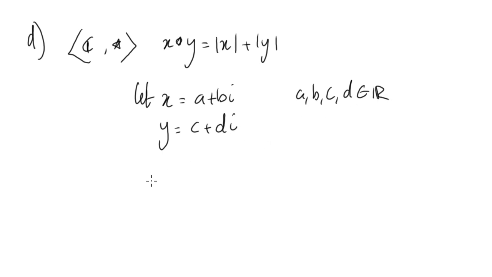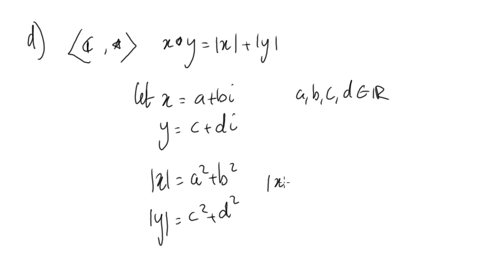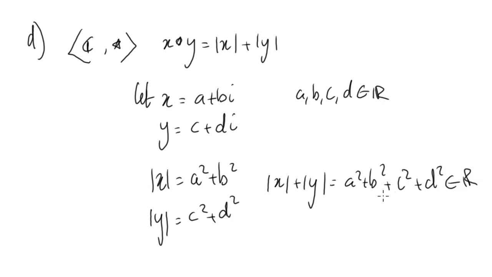The magnitude of x is a squared plus b squared, and the magnitude of y is c squared plus d squared. So the magnitude of x plus the magnitude of y is simply a squared plus b squared plus c squared plus d squared, and that itself is a real number because the real numbers are closed under multiplication and addition. So the complex numbers under this binary operation are closed.